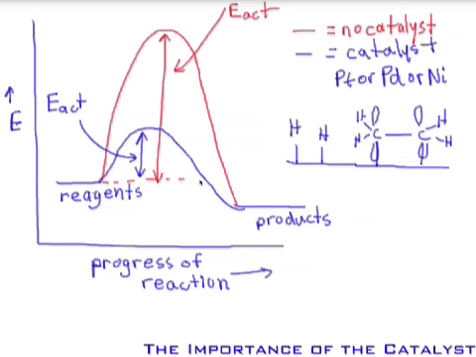The addition of hydrogen, of course, represents reduction of alkenes. What happens if we attempt to oxidize alkenes?